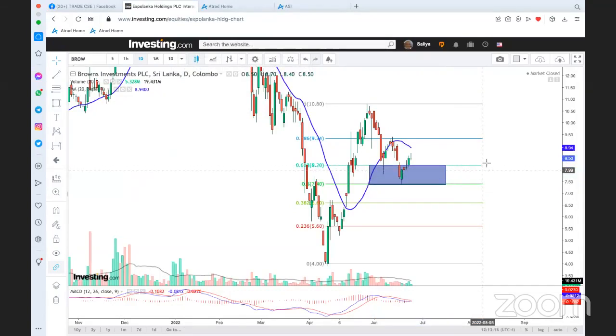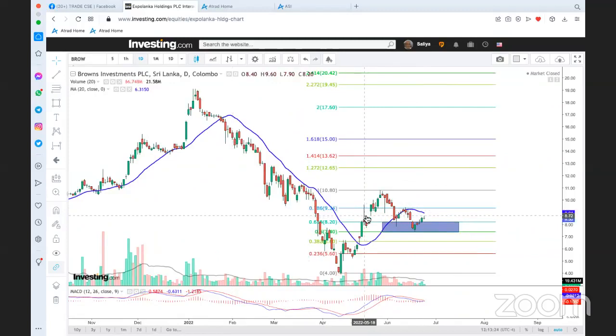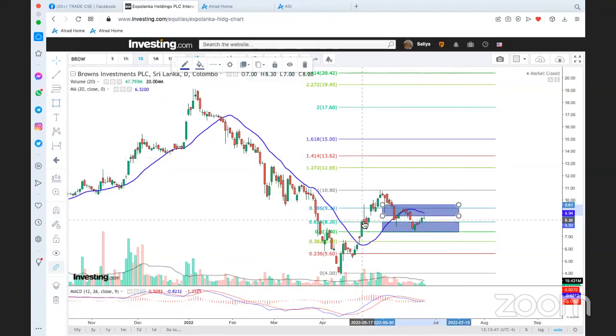So as I mentioned, this level we can take as the resistance level. That is right on top of this candle, at 850. Then we can go even up to here, or even this level, the top of this candle. That would be the resistance level.